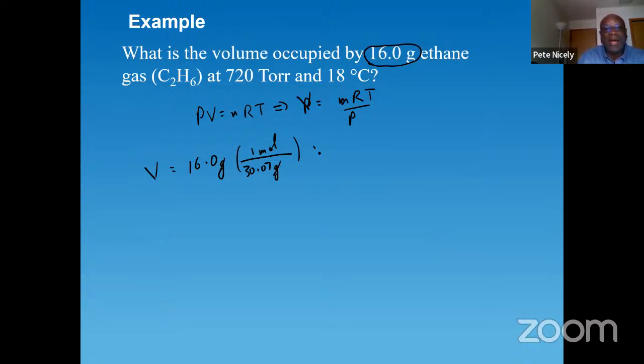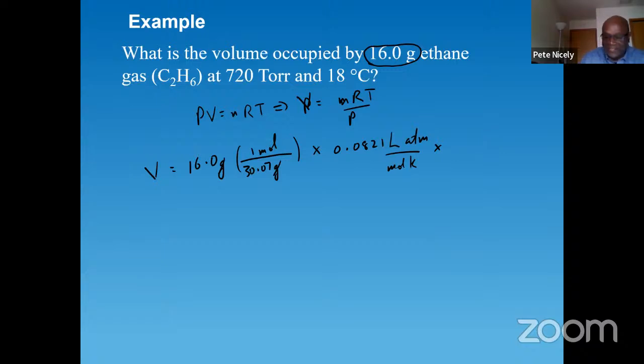Then we're going to multiply by R, which is 0.0821 liters atmospheres over mole Kelvin times the temperature, which is 18 degrees. Now, 18 degrees Celsius, we have to convert that to Kelvin. So we have to add 273 to that.